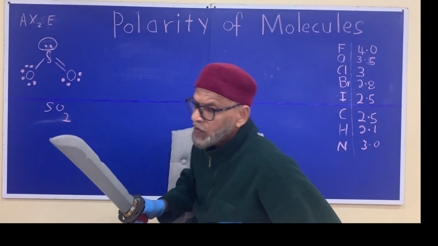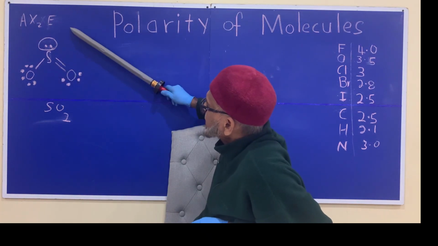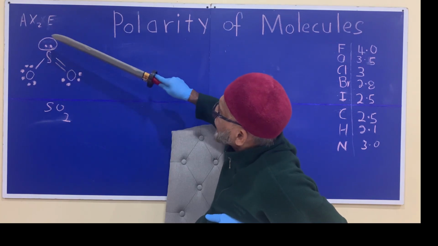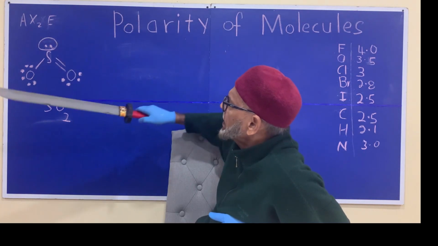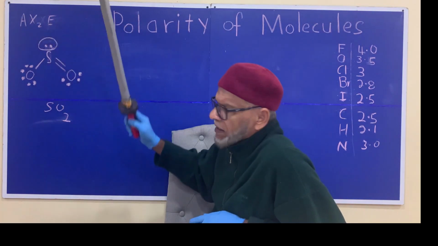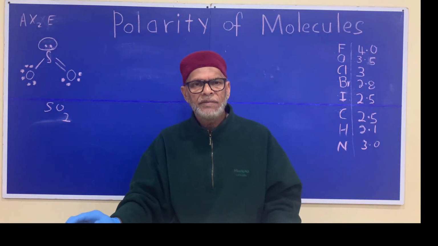So when you are going to write the AX type for this, you look at the central atom, how many peripheral atoms, and only indicate the number of lone pairs on the central atom. In this case, it will be an AX2E type of molecule. Okay? Well, I hope that was helpful. Thank you for listening.